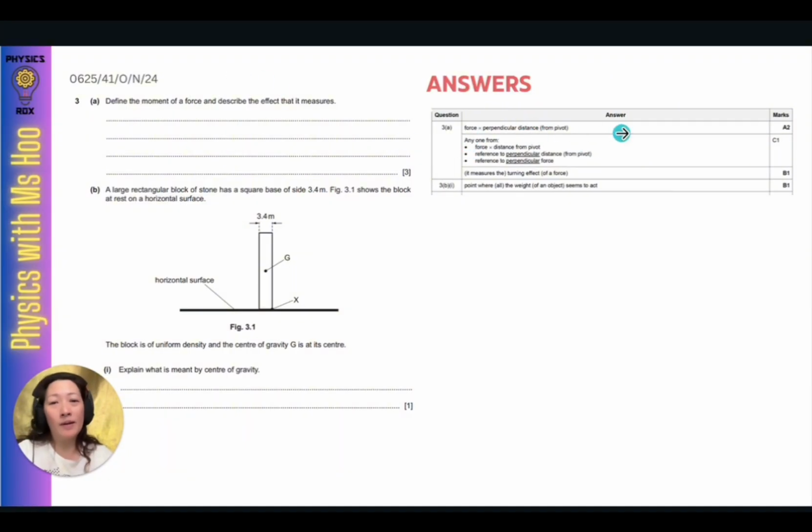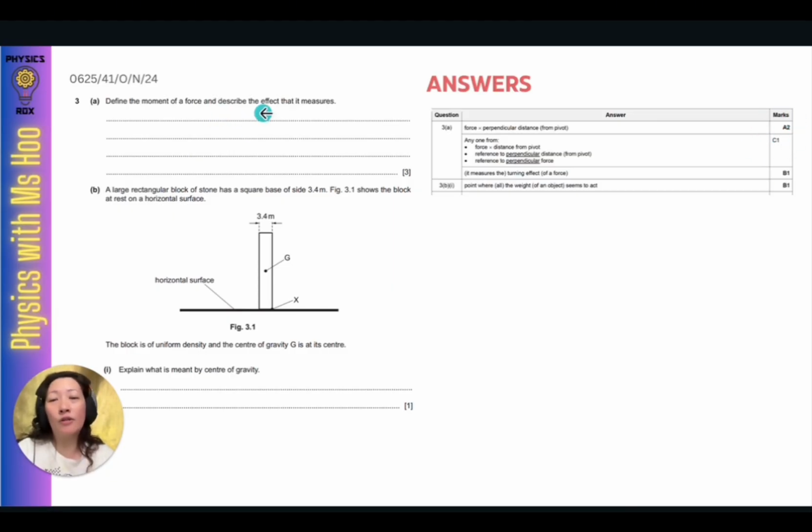Now just to explain the mark scheme, 2 marks are given for the correct definition because this definition is very, very particular compared to a lot of the other kinds of definitions. For example, some students may only write force times distance, or you only mention something to do with perpendicular distance or perpendicular force. So if you didn't write the full definition out, you wouldn't get 2 marks, but you could still potentially get 1 mark if you wrote any of these things.